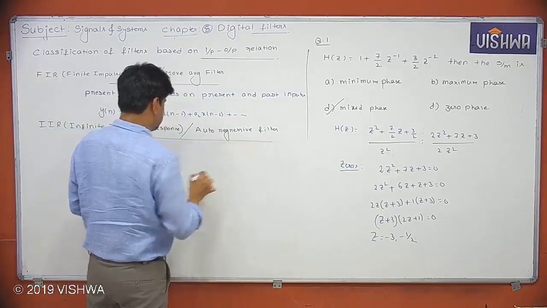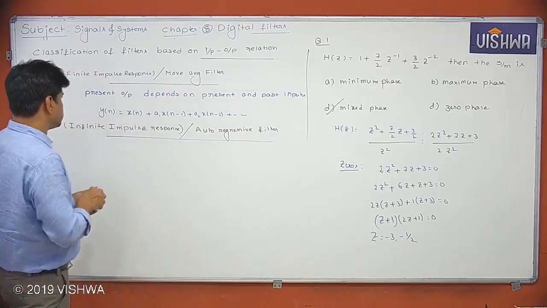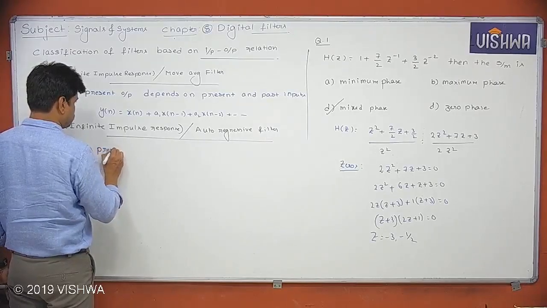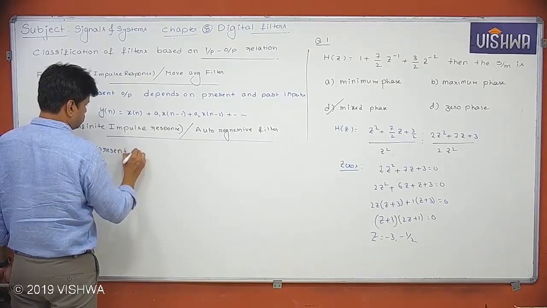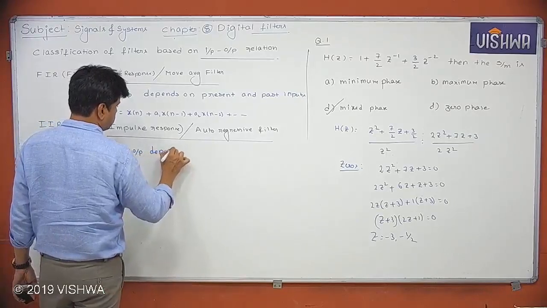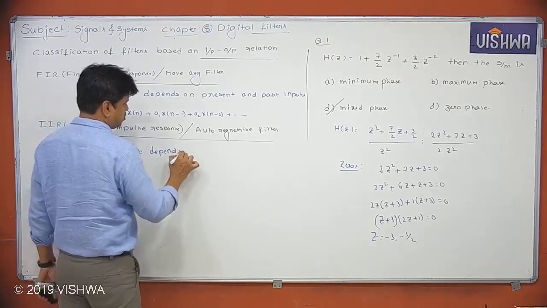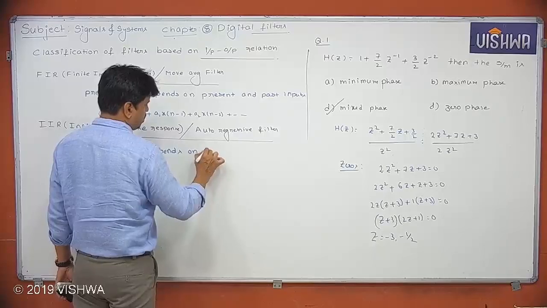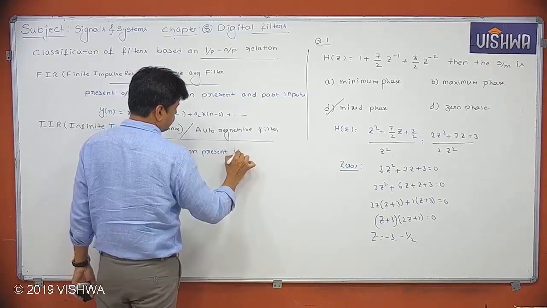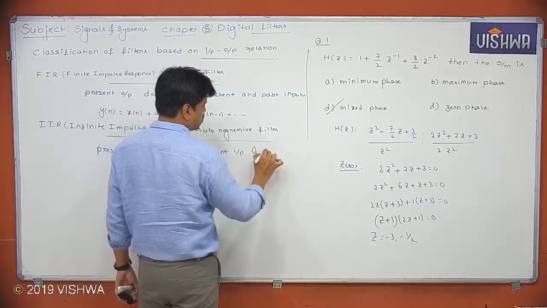So in this one, the present output depends on the present input and past outputs.